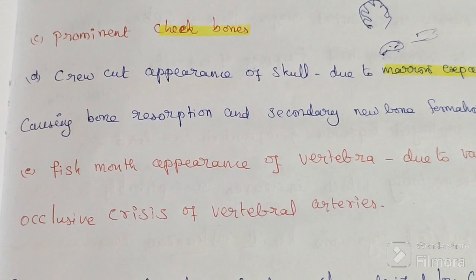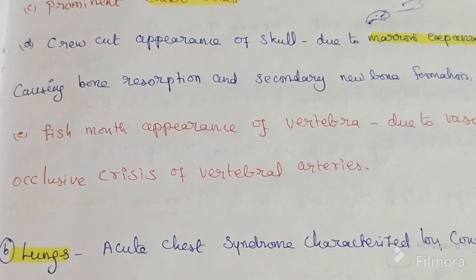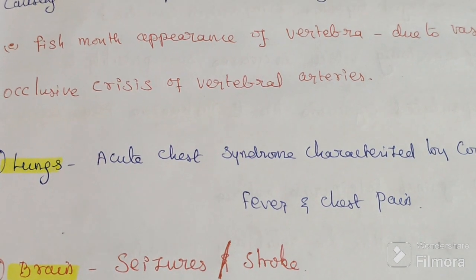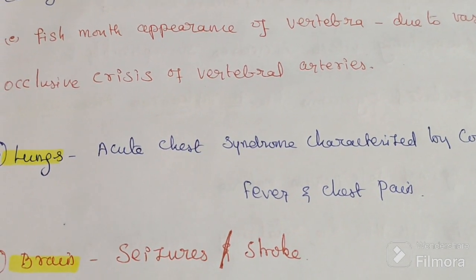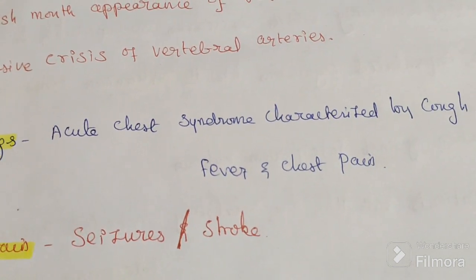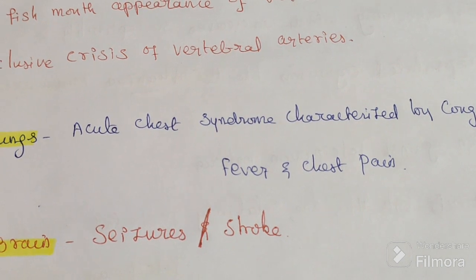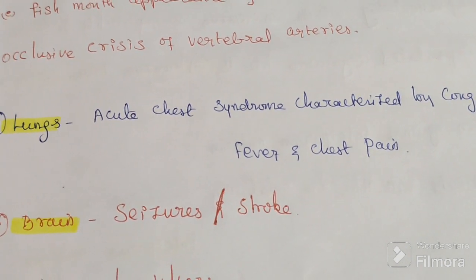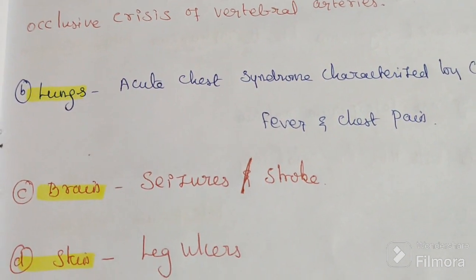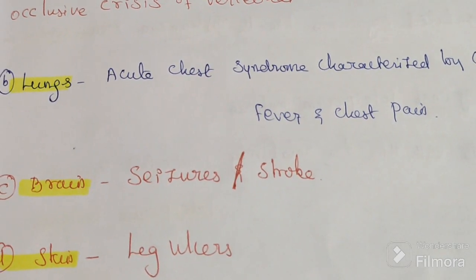Apart from bone, the vaso-occlusion phenomenon also takes place in the lungs, which leads to acute chest syndrome, characterized by fever, cough, and chest pain. The vaso-occlusion phenomenon in the brain leads to seizure and stroke.